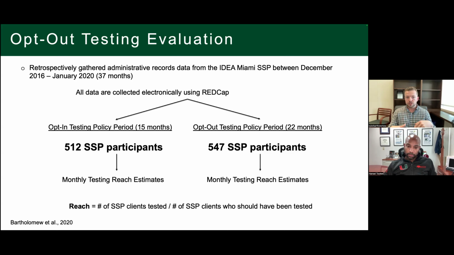We then further divided the data into monthly reach estimates. And so reach was the number of SSP clients that were tested during that month, divided by the number of SSP clients who should have been tested during that month. And we used an approach called an interrupted time series analysis. We're not going to get into those details, but this approach allows us to examine what happens during the opt-in testing policy period, the effect of the opt-out testing policy immediately when we implement, and then the sustained impact of that testing approach across time.